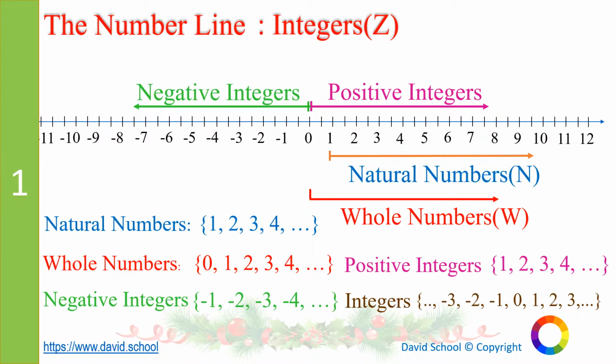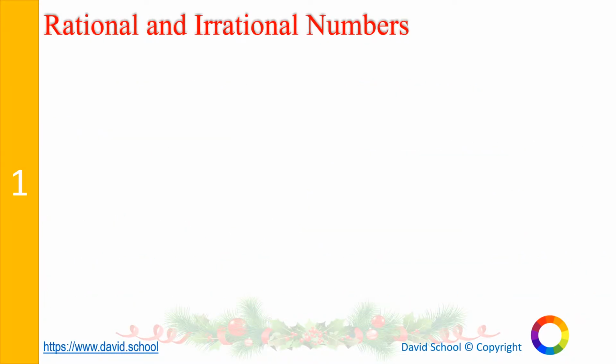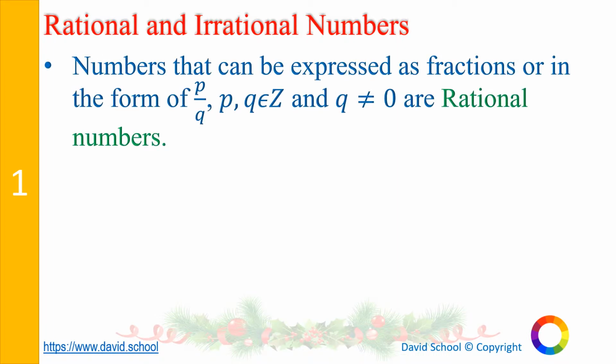Now let us learn rational and irrational numbers. Numbers that can be expressed as fractions, in the form of p over q, where p and q belong to Z and q is not equal to 0, are rational numbers.